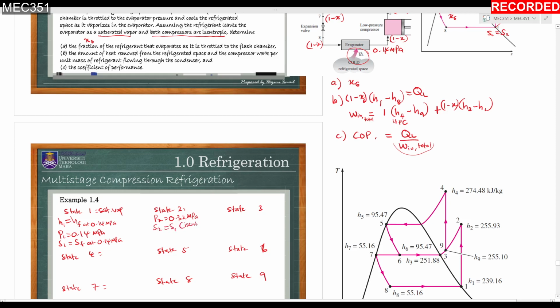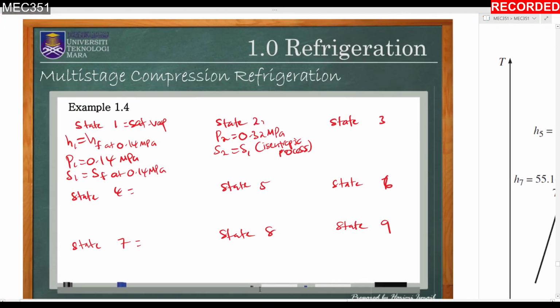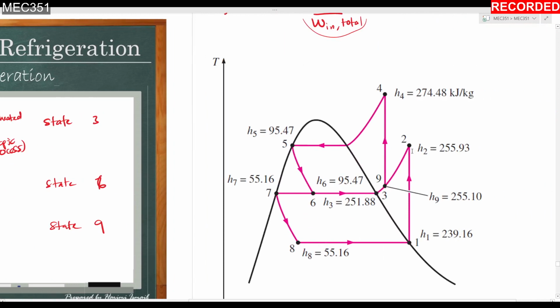Because it is an isentropic process. And using this value, you can find enthalpy 2. Here it is superheated. How do I know it is superheated? Because in the TS diagram, state 2 is out of the saturation region.